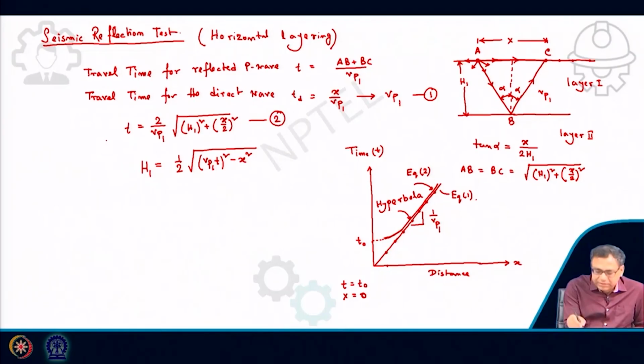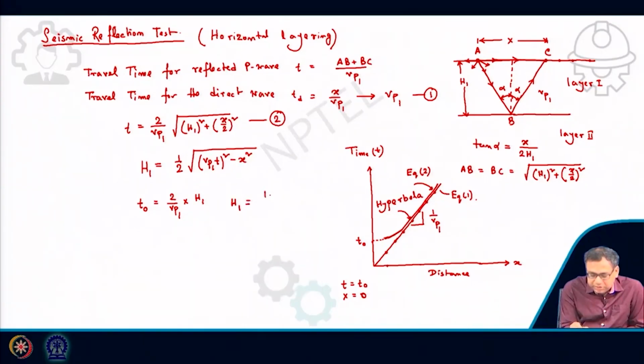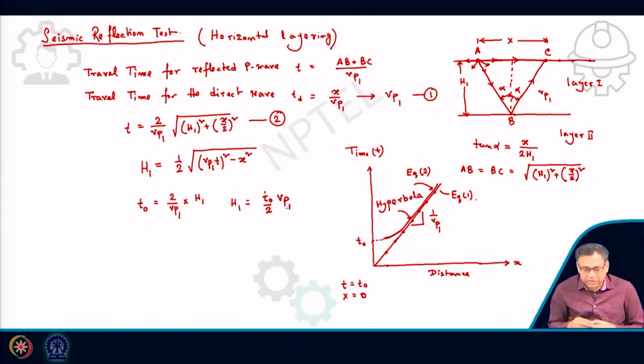Now, if I put this value in equation 2, then I will get T0 equal to 2 by Vp1 into H1, because x is 0. So, from here I will also get that H1 will be equal to T0 by 2 into Vp1.